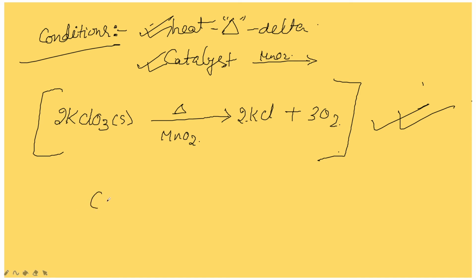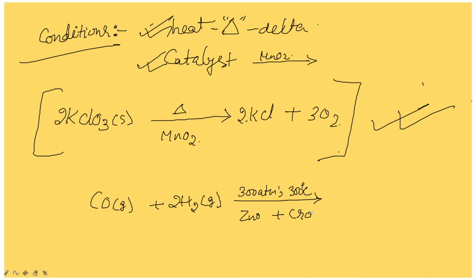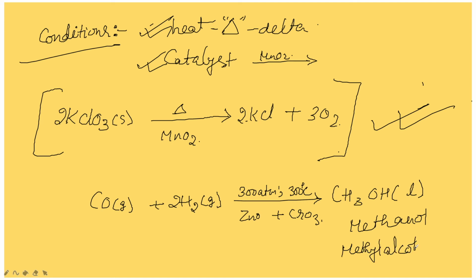Carbon monoxide, a gas, plus 2 hydrogen, a gas, at 300 atmosphere of pressure and 300 degrees Celsius, with ZnO plus chromium oxide, forms liquid CH3OH, methanol or methyl alcohol.